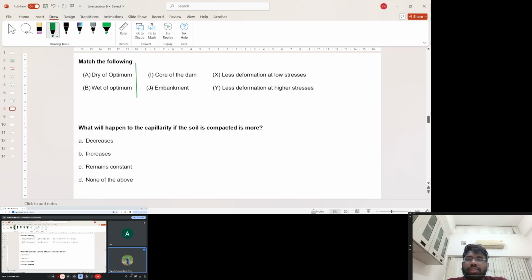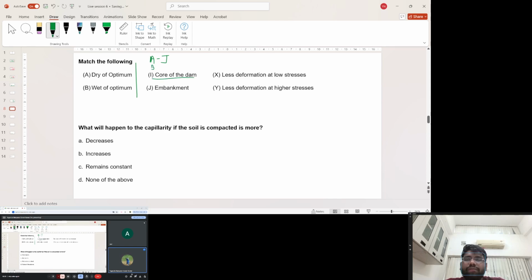So A will correspond to J. And wet of optimum, its permeability will be very low, so it is preferred for the core of the dam.